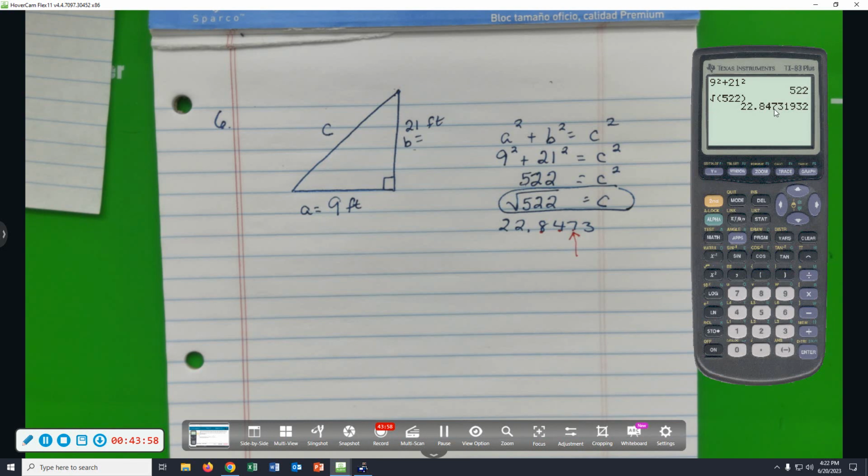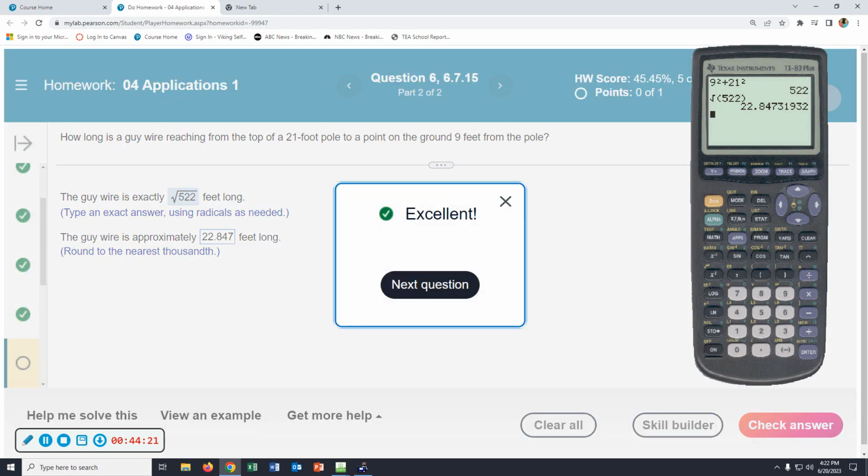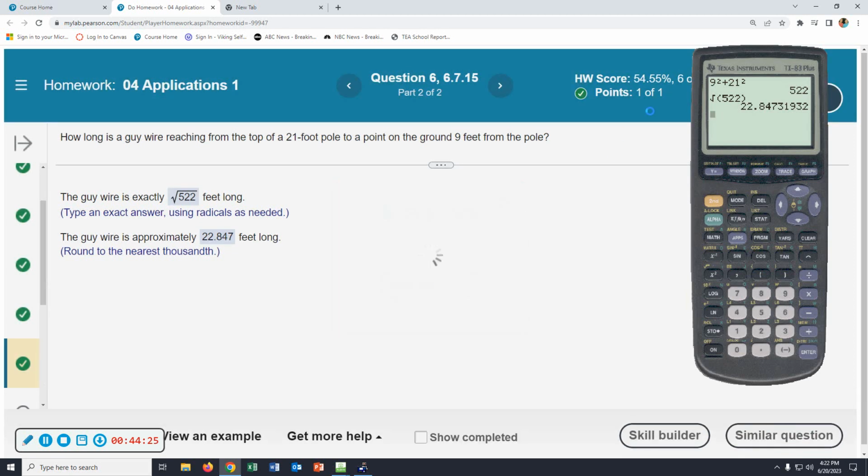So am I going to leave this as a 7 or make it an 8? Well, I'm going to leave it as a 7 because the digit after the 7 is a 3. So let's type that in. 22.847 feet.